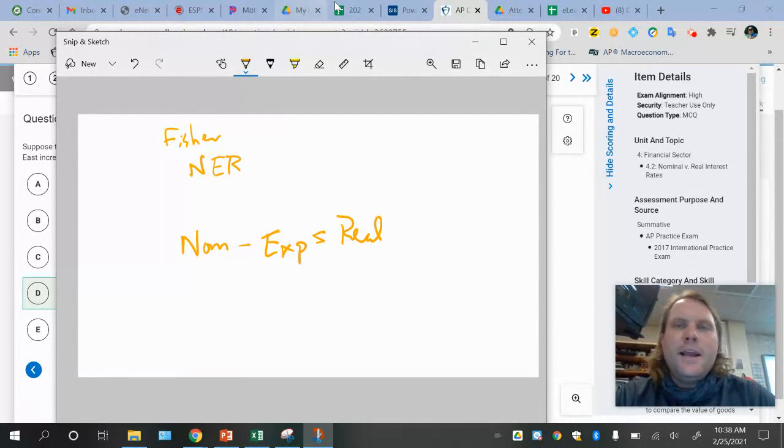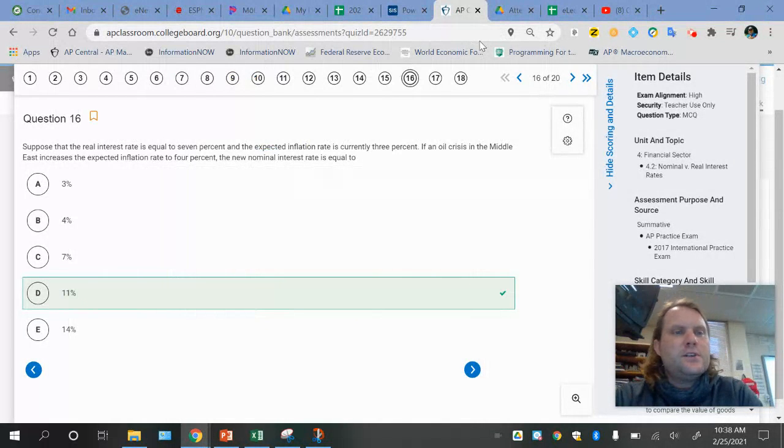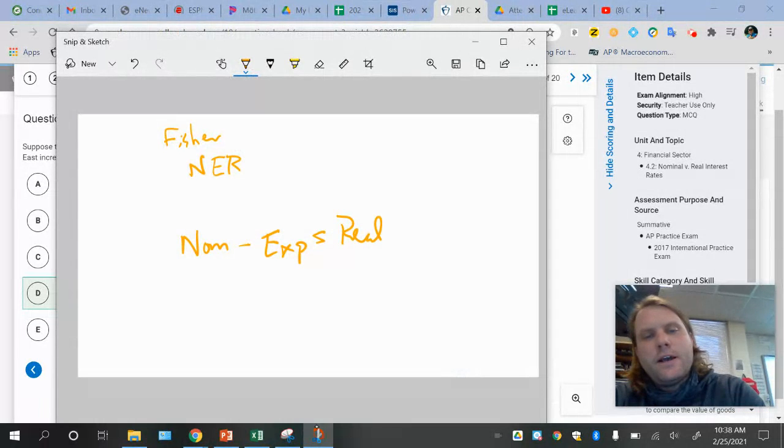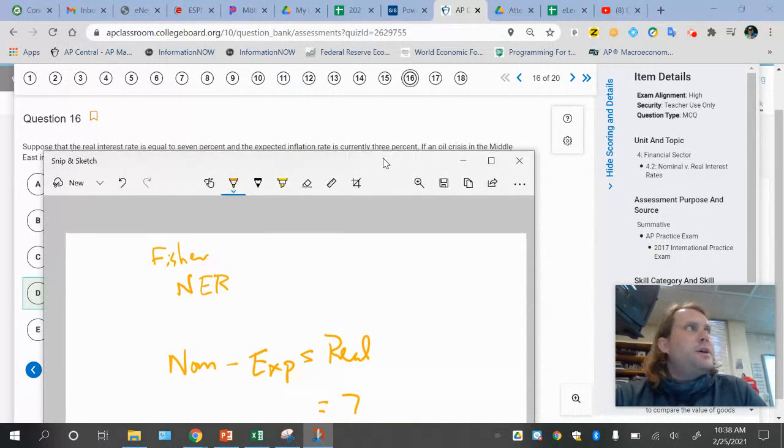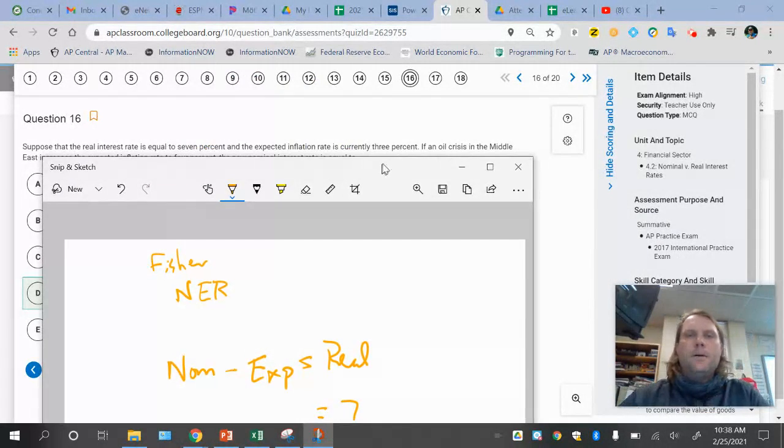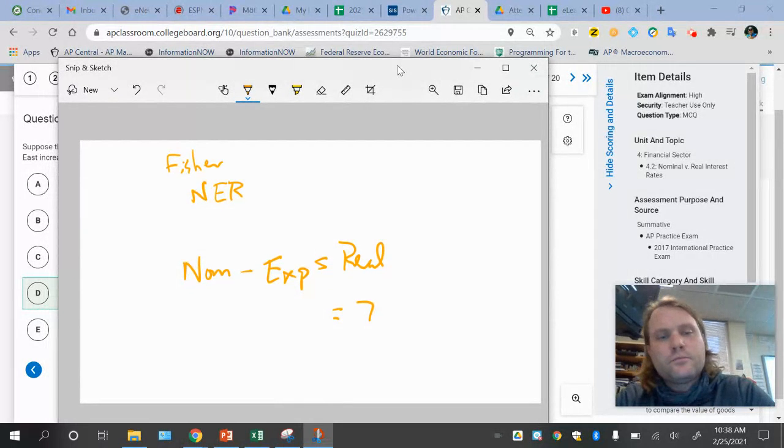And it's going to give us some numbers. It says, suppose the real interest rate is equal to 7. So we've got 7 equals that. And it says if the expected inflation rate is currently 3%, it's going to ask you for that nominal rate.